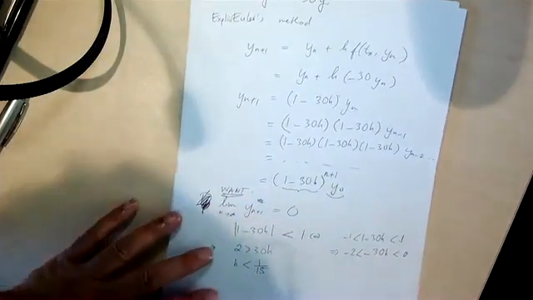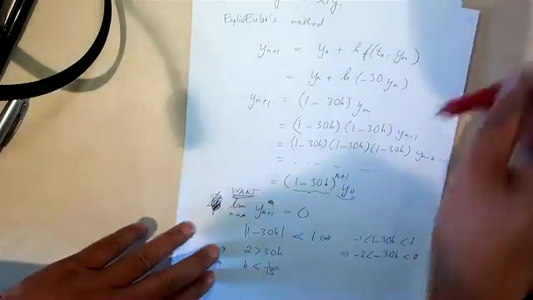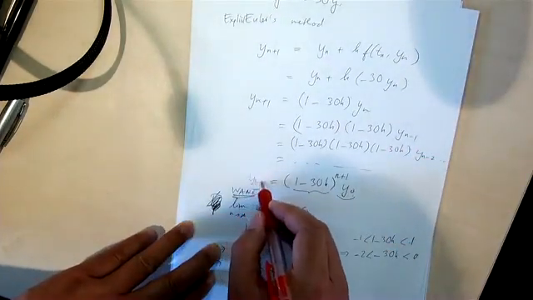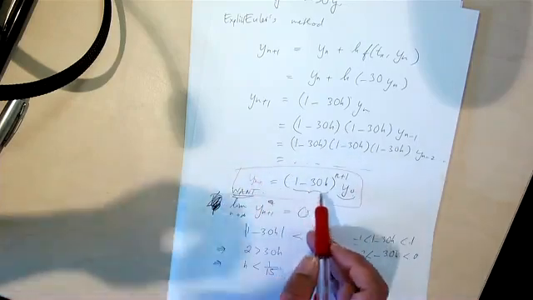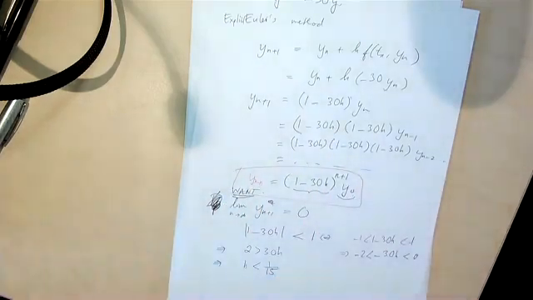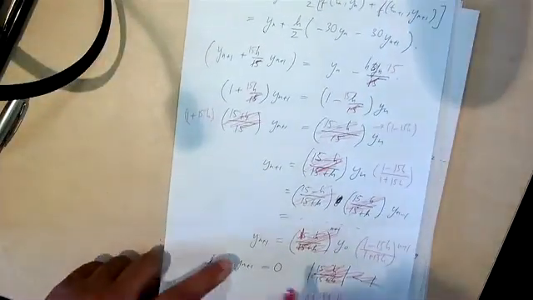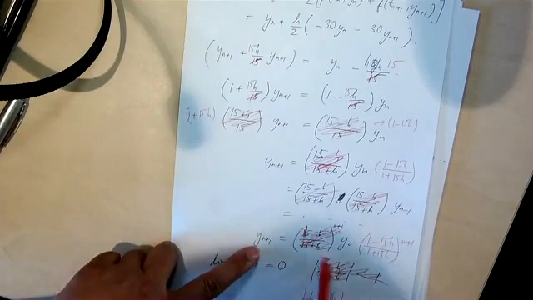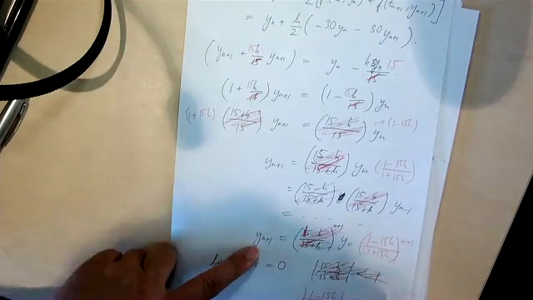If you plug in a method, then eventually you have a form like this. So y n plus 1 is some polynomial times y0, okay?